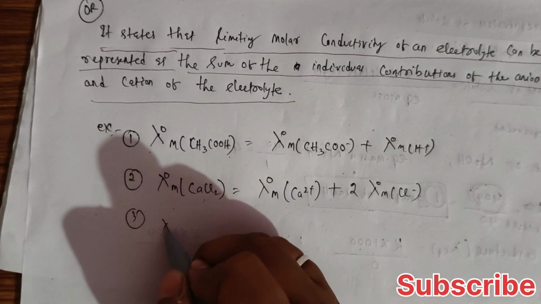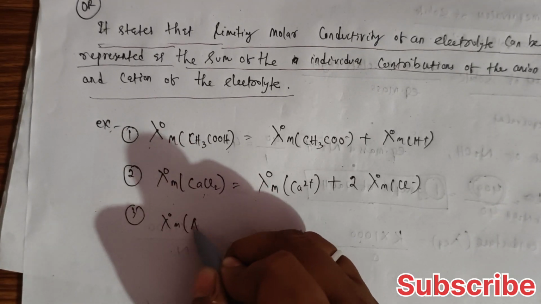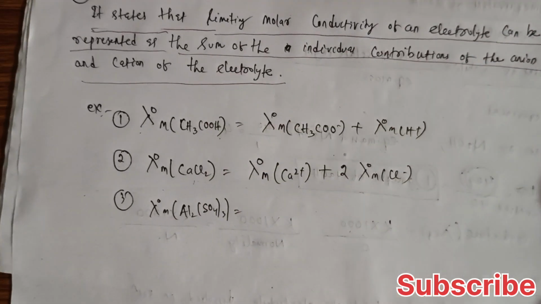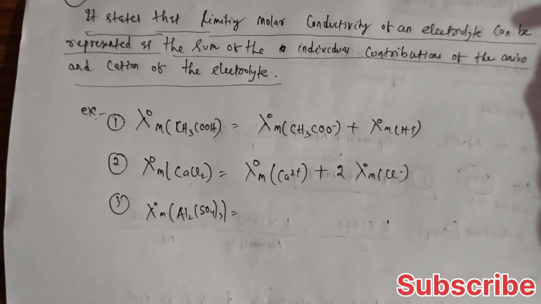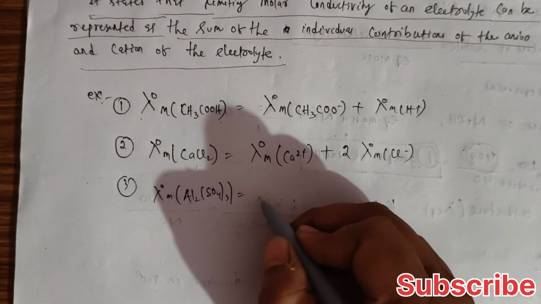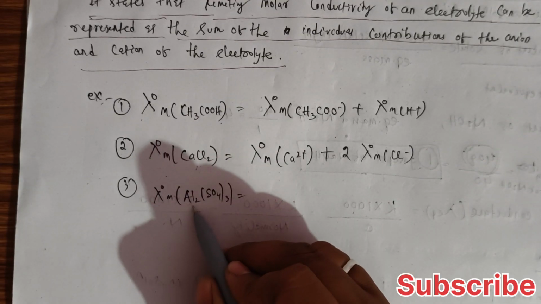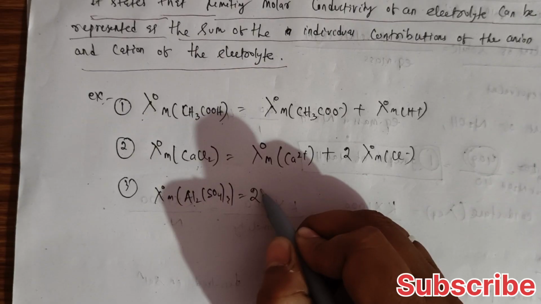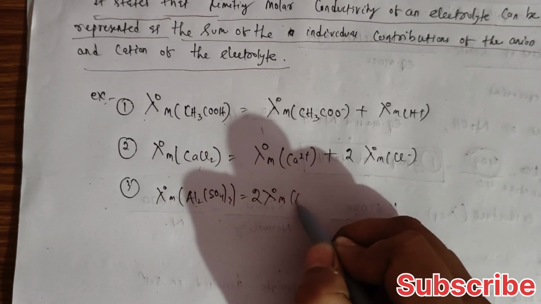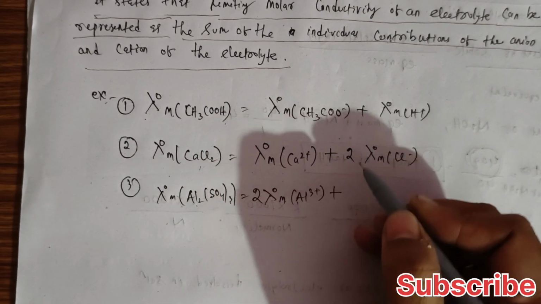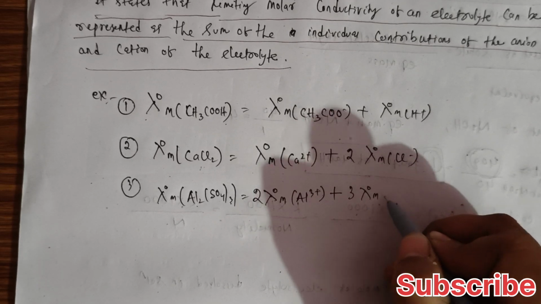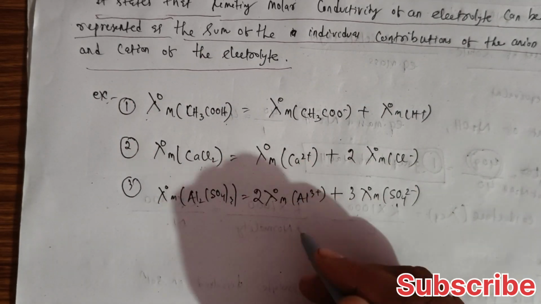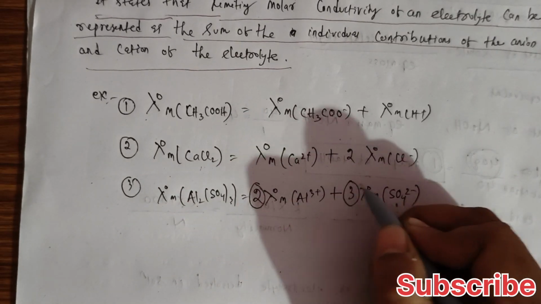Like that, lambda not m of Al2(SO4)3. As you clearly see here, 2 aluminum ions and 3 sulfate ions are present. That means we have to write 2 lambda not m Al3 plus plus 3 lambda not m SO4 2 minus. So it is very simple, but here some coefficients are used.